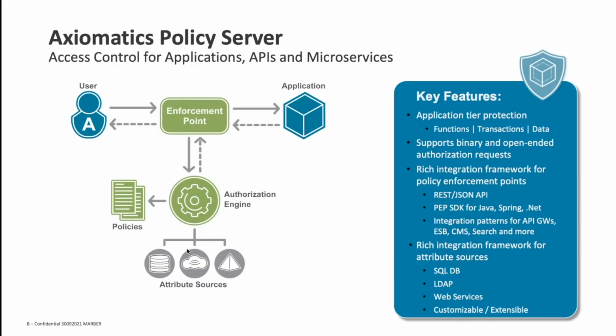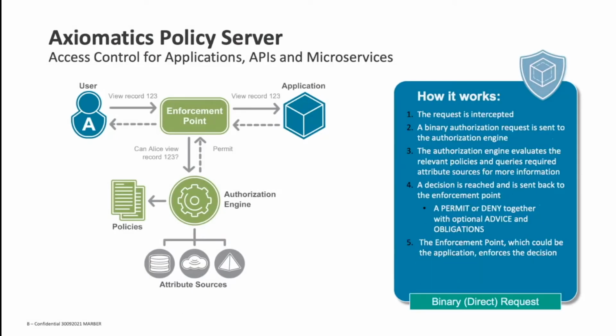an application may need to know, hey, I've got this user Alice, and they're trying to view record 123. In the old days, the application would have just processed this itself, using custom code to decide, should I allow Alice to view the record or not? So our change here is we're going to implement the notion of an enforcement point.